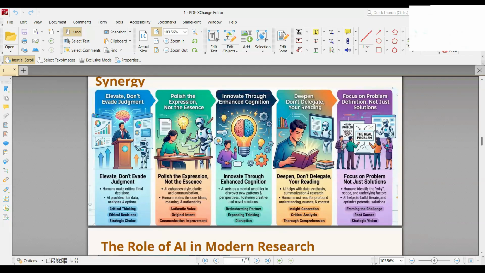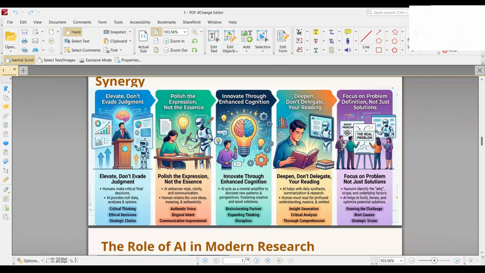When it comes to communication, artificial intelligence is an incredibly capable tool for enhancing clarity, style, and tone. However, it is vital that the human creator retains the core ideas, meaning, and authenticity of the message.